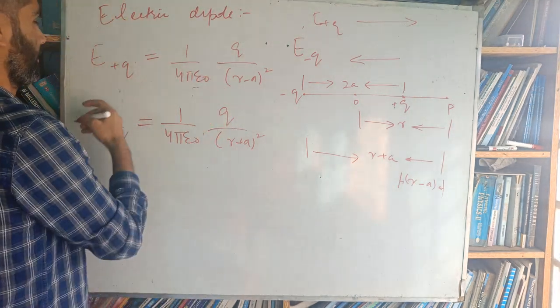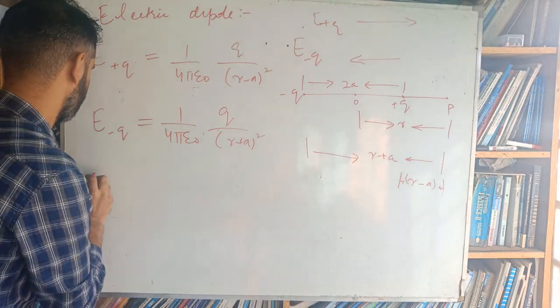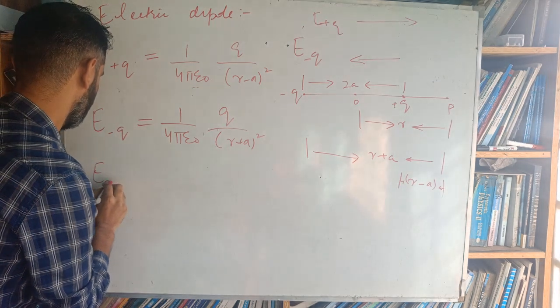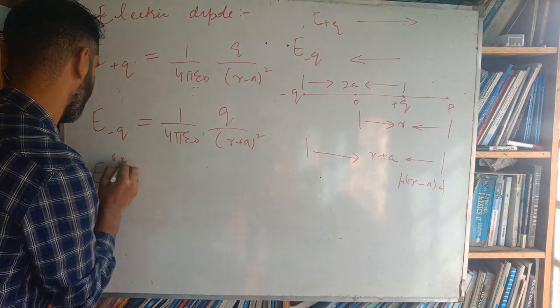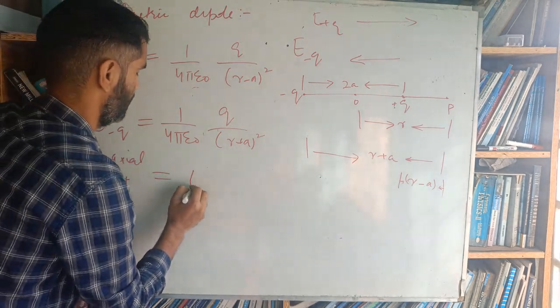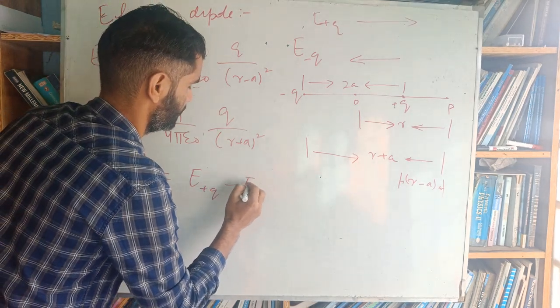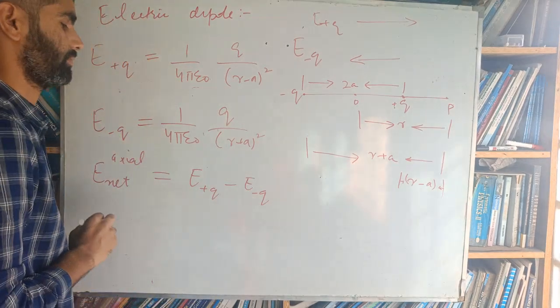So to get the net electric field intensity, I will subtract. E net on the axial line will be E plus q minus E minus q.